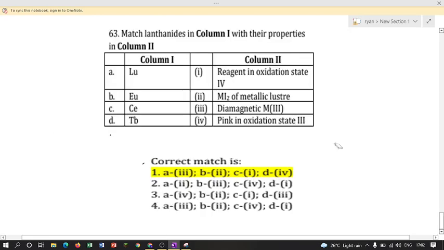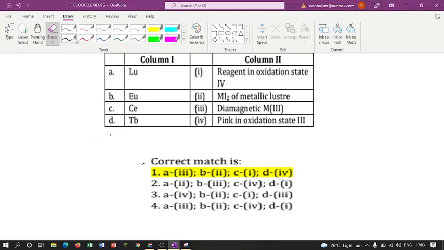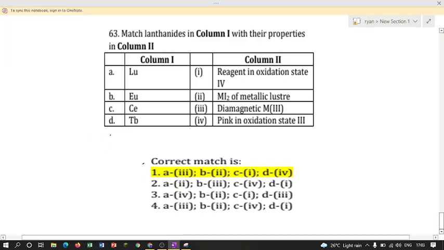This question I have taken from 2017 December. Here the question is, match lanthanides in column 1 with their properties in column 2. Already I have explained, therefore further explanation is not needed. Lu, that is diamagnetic.